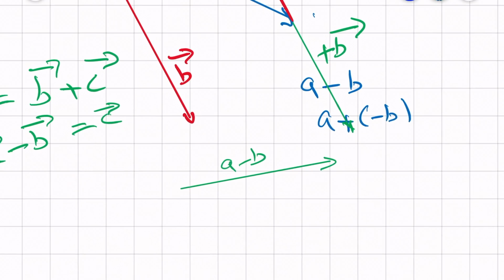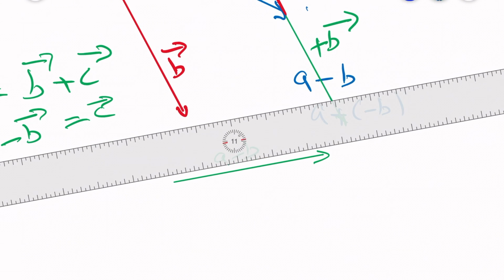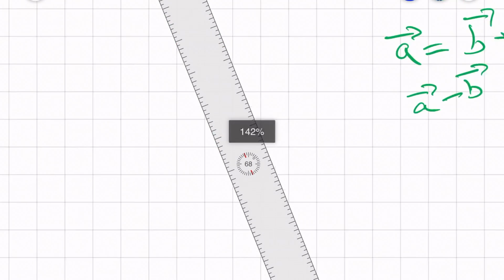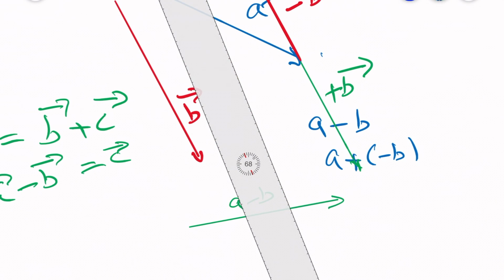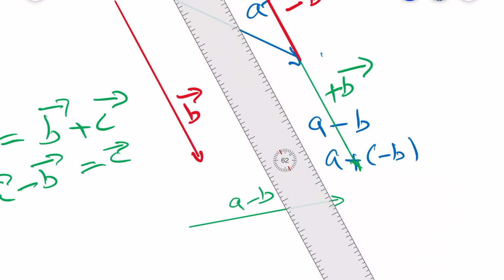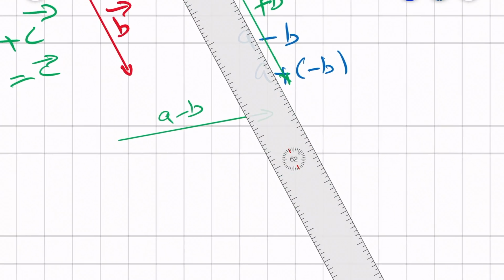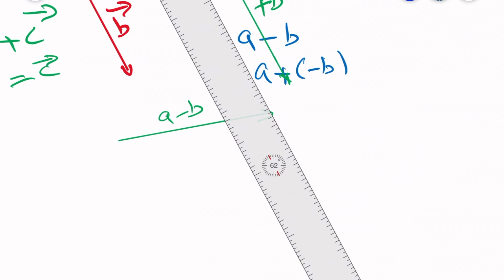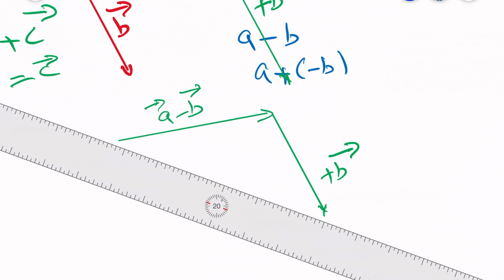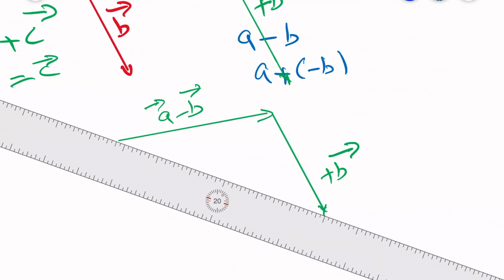Now, we take the vector plus B, which is this one. So, let us say we take our vector plus B, and we bring it here, and let us say this was our plus B. If we add A minus B and plus B, that will be nothing but B, I mean A, sorry, that will be nothing but A. So, that will be this vector.